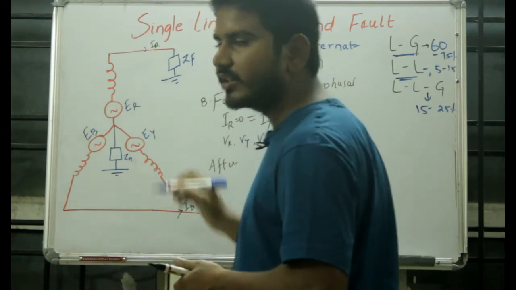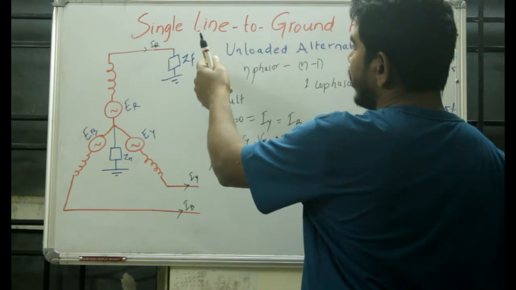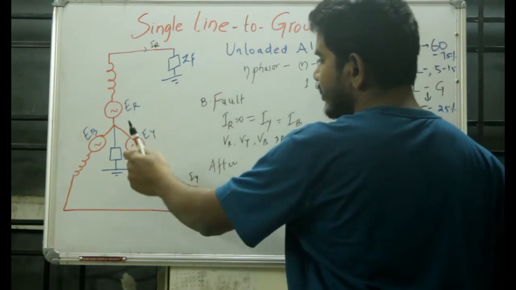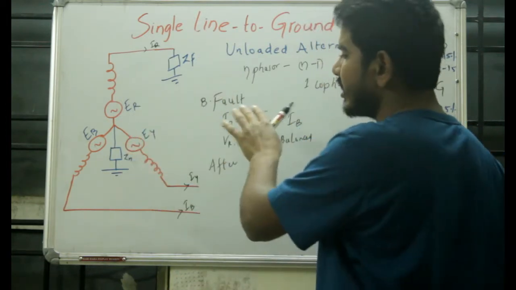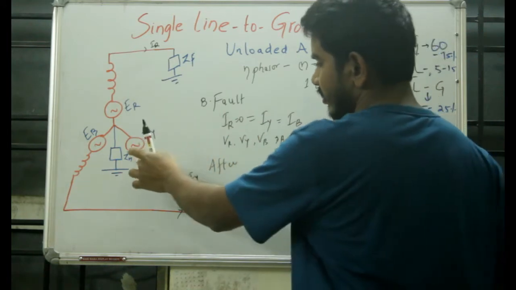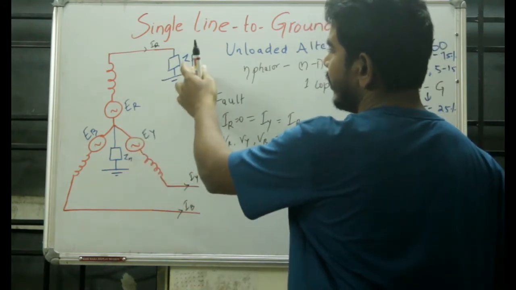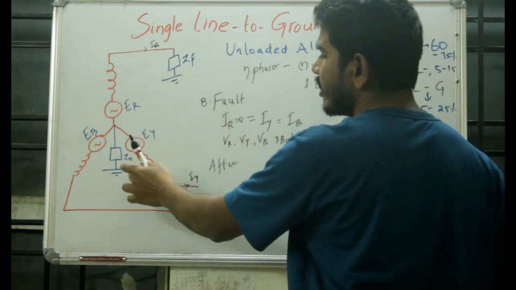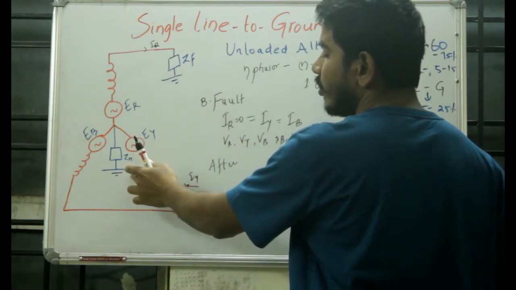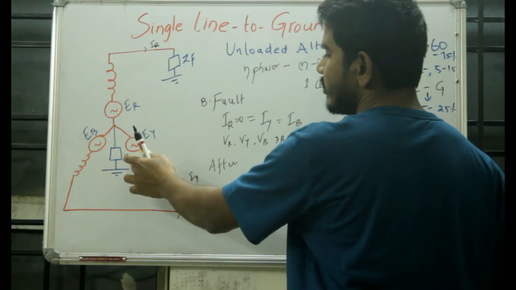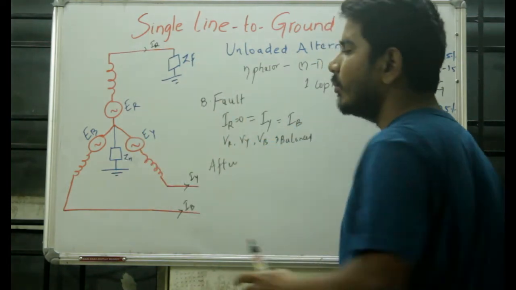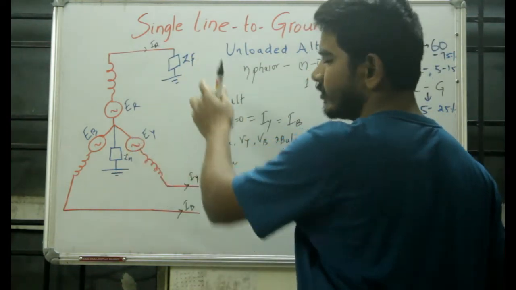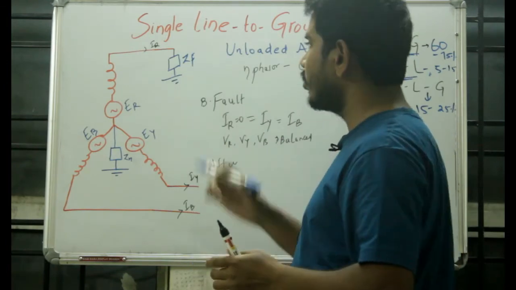You may consider ZF or Zn according to the circumstances. It may be solidly grounded simply, and when you ground them solidly there is no Zn or ZF. But I am considering Zn and ZF so that we can have a broader outlook on the equations.